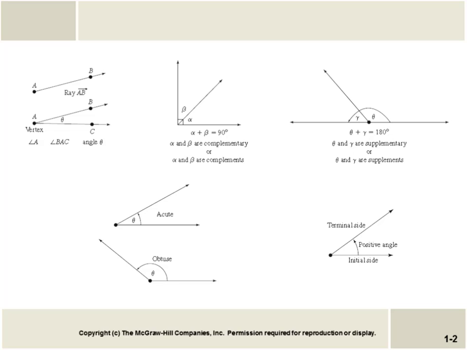Now, in trigonometry, we'll see when we start looking for angles, we will always have an initial side, and believe it or not, the initial side will always be right where this says. It'll be to the right, and this we would call 0. If we move in this direction, it's the positive direction.